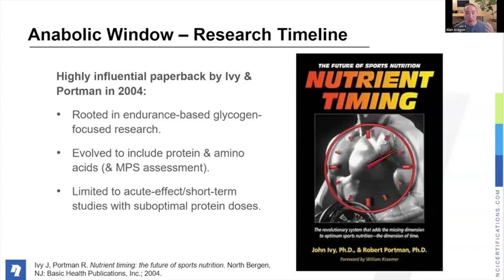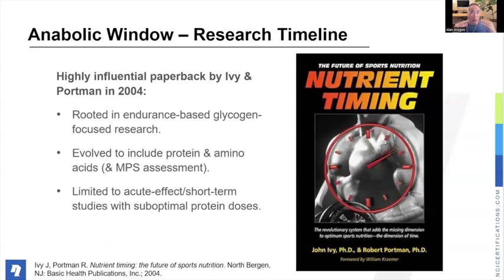And the same thing was true with immediate versus delayed ingestion of carbohydrate on glycogen resynthesis. But we have to realize that this research was done in overnight fasted individuals, and it is very rare that anybody whose main goal is to gain muscle mass resistance trains in fasted conditions.